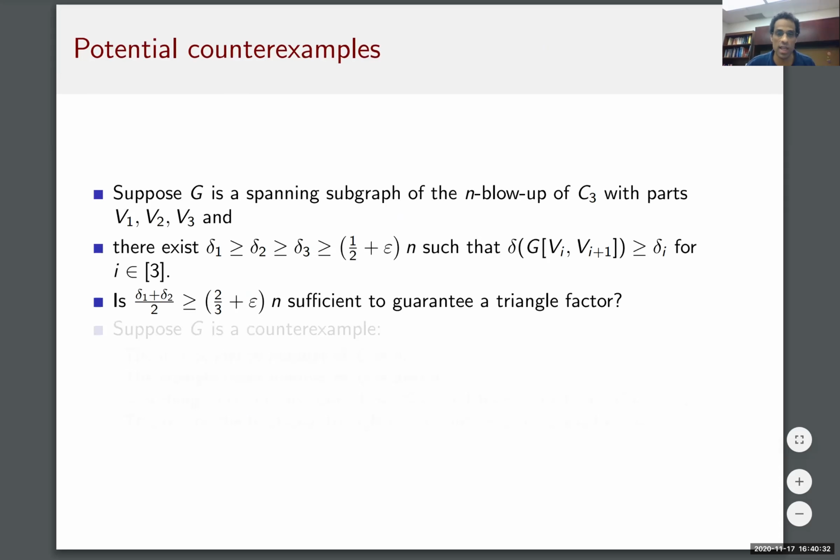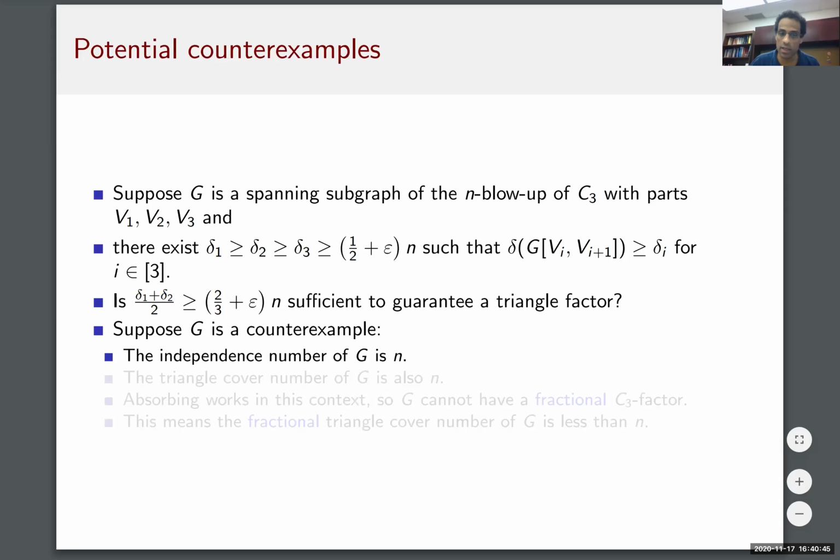Let me say one more thing. If you really did have a counterexample to this in this setting, what would be going on? You would know that your independence number would have to be n, and your triangle cover number would also be n.